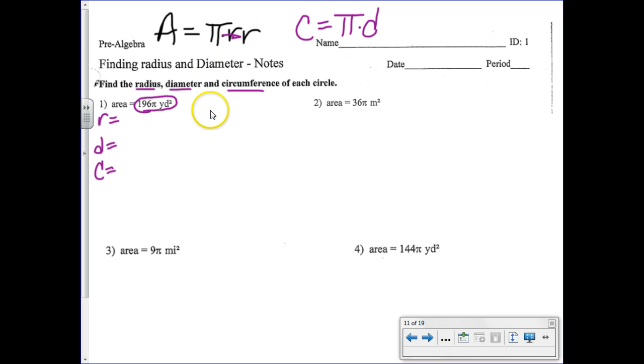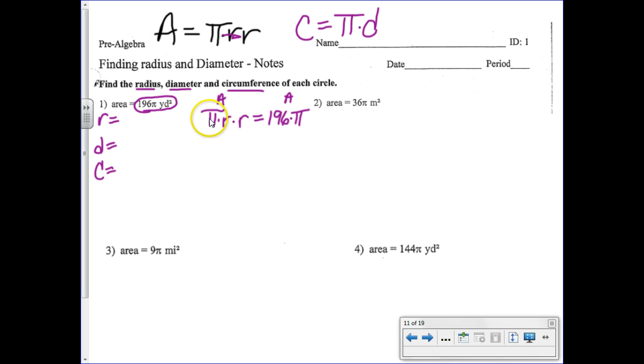Now, my area formula says pi times r times r. Okay, so I know that pi times my radius squared equals 196 times pi. Okay, write that down, because this is the area of a circle, and this was the area you were given.